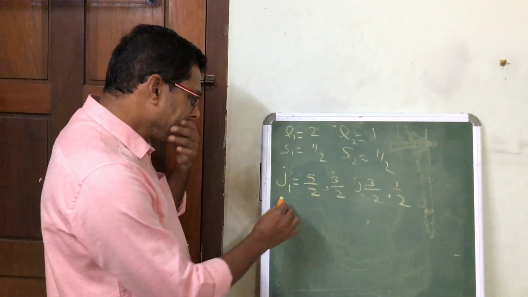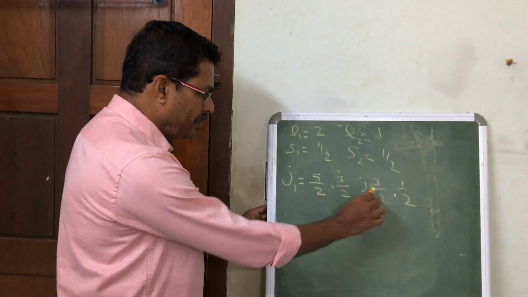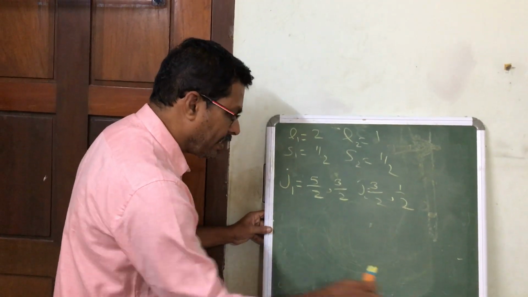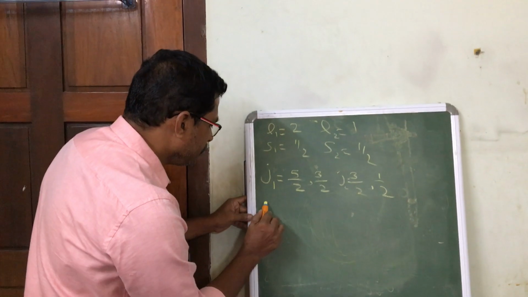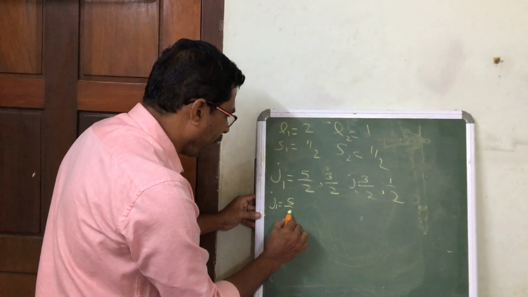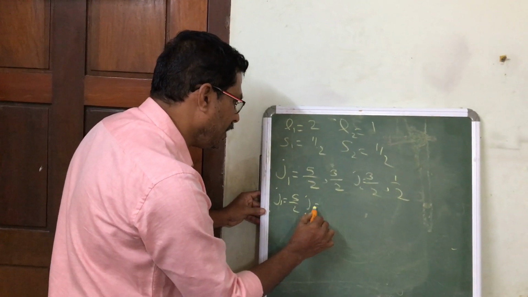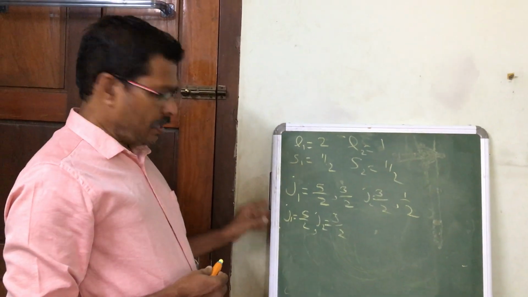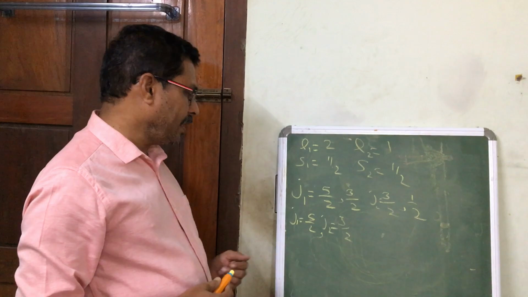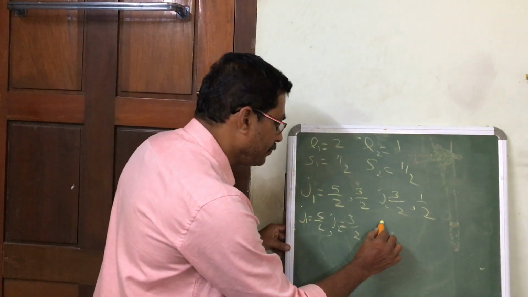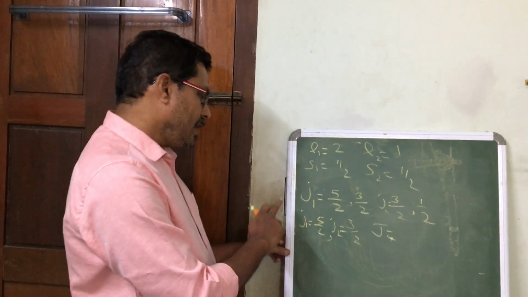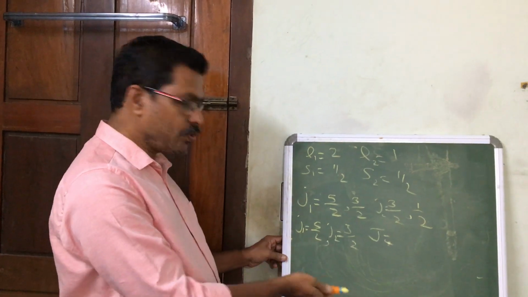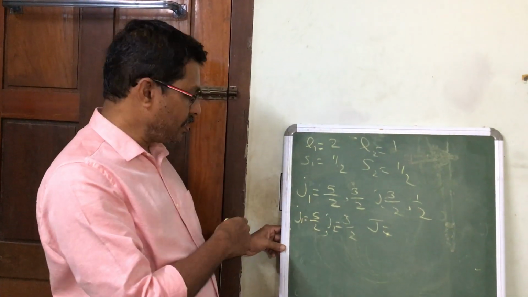Now, the combination of J1 and J2. First you will consider J1 as 5 by 2 and J2 as 3 by 2. As you know, the resultant value of J will be from J1 plus J2 to J1 minus J2.